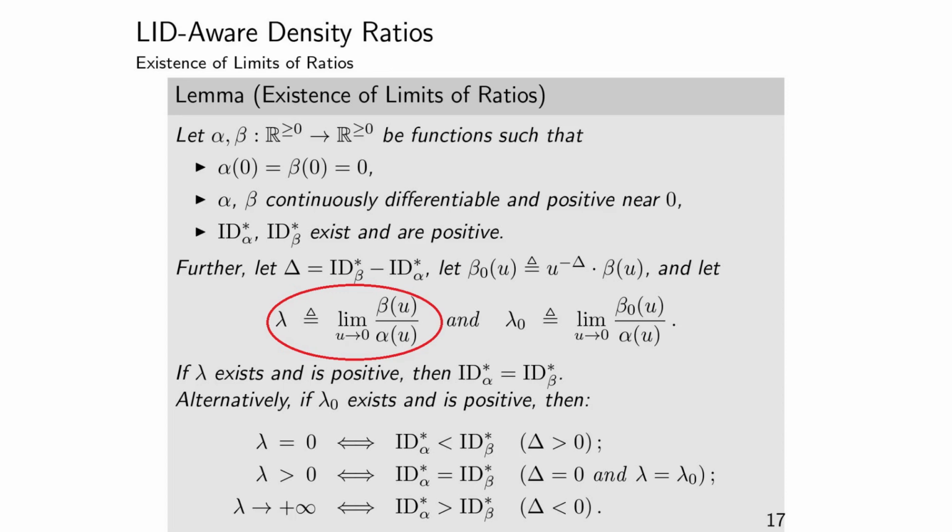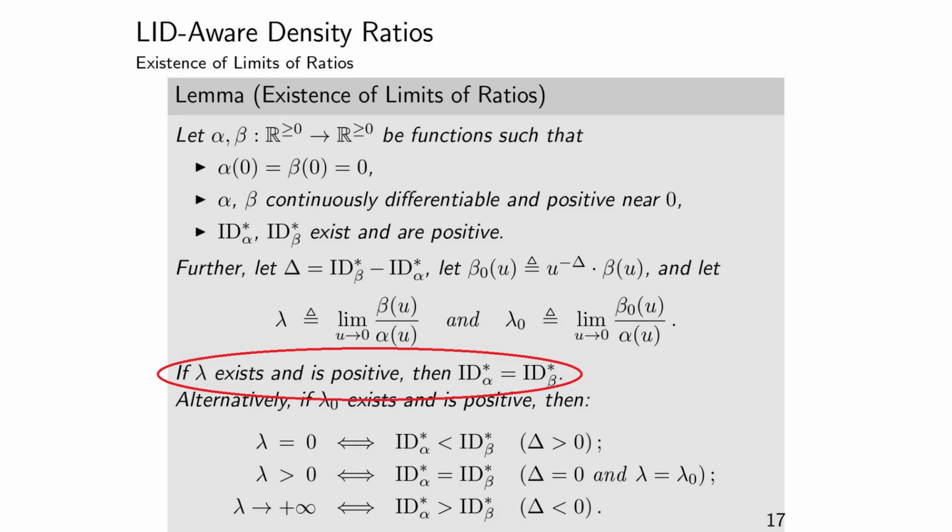Then we ask ourselves, what is the limit of the ratio of these two functions as u tends to 0? We call this limit lambda. If lambda exists and is strictly positive, then the ID of function beta must be the same as the ID of function alpha.